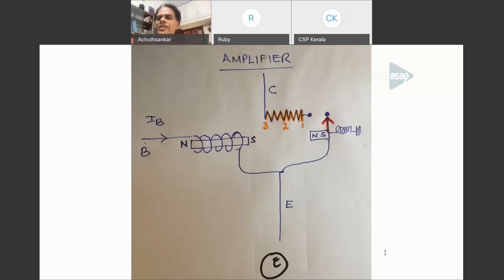One very interesting practical difference is that Ohm's law sometimes does not hold in electronics engineering. For example, you apply a voltage to a conductor, and the conductor conducts according to I equals V by R. But at very high frequencies, the conductor may not conduct but may radiate.